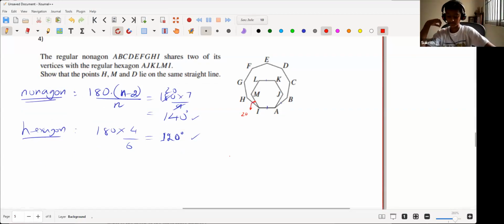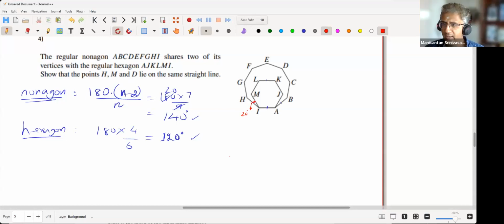Yes, all of us agree on this one. What he's saying is the HIA, the big angle, is 140, the angle in the nonagon. MIA at the point I is comparing the two angles. 140 minus 120, the balance is 20.